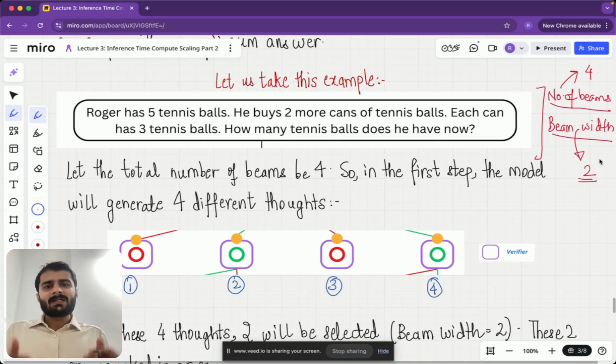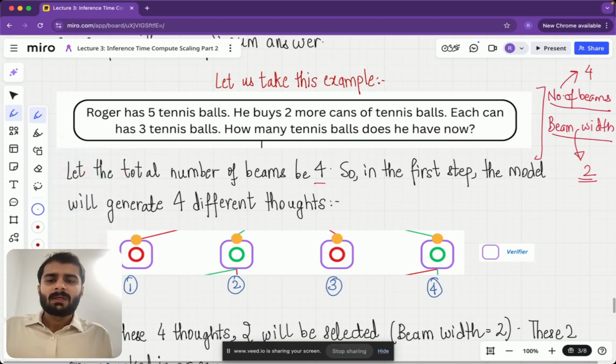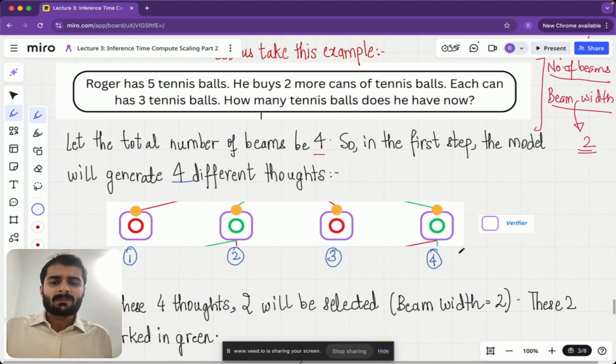So let's understand now how we construct our reasoning paths using the beam search algorithm. Because the total number of beams we have set to 4, in the first step the model will generate four different thoughts, which are given here: one, two, three, and 4. Now, out of these four thoughts, only two will be selected.